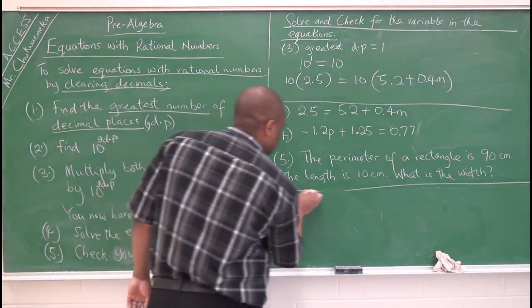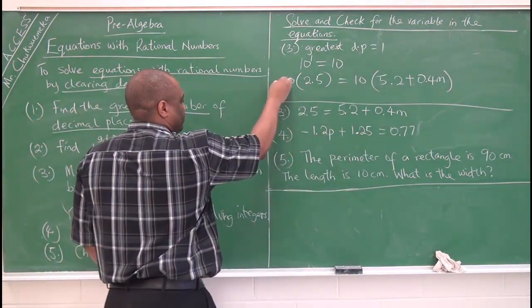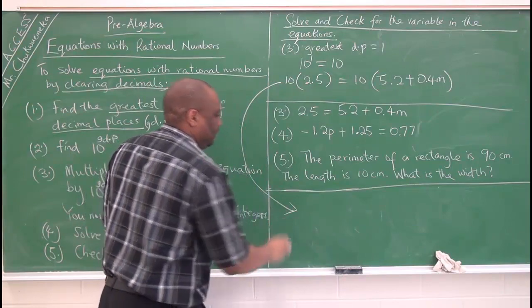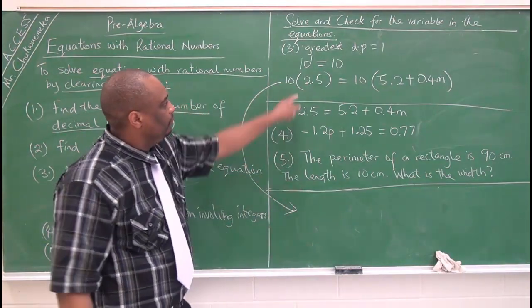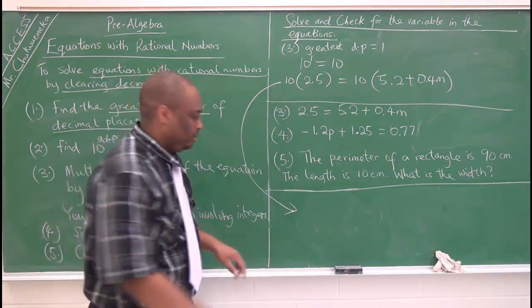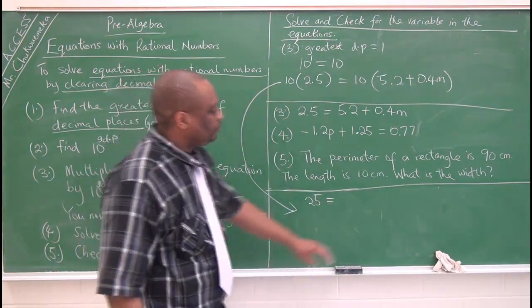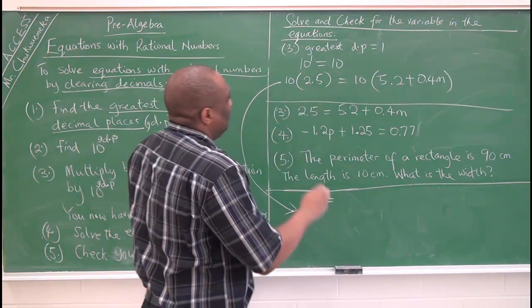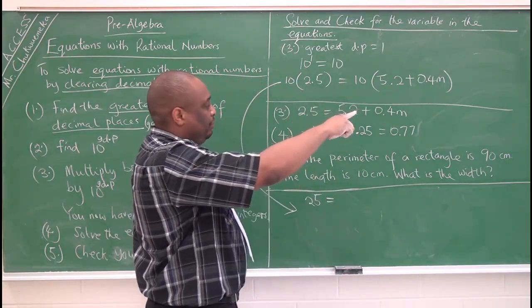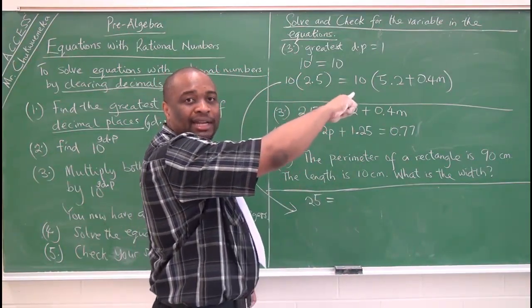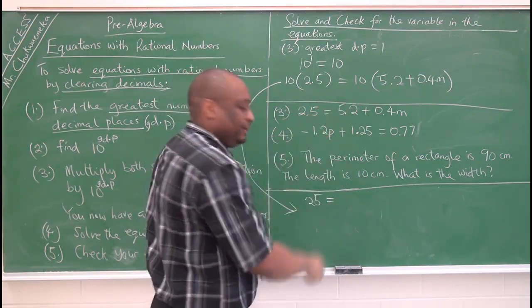I'm coming down here from here. 10 times 2.5 is what? 25, equal to, you can apply the distributive property on the right-hand side.